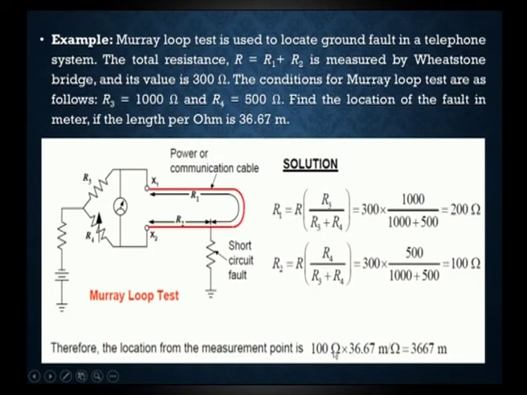If we multiply the resistance value by the given length per ohm, we can find the exact location and distance at which the fault occurred. Here we have taken the R2 value. If we consider R1, that also gives the same value, 3667 meters, which is where exactly the fault occurred.